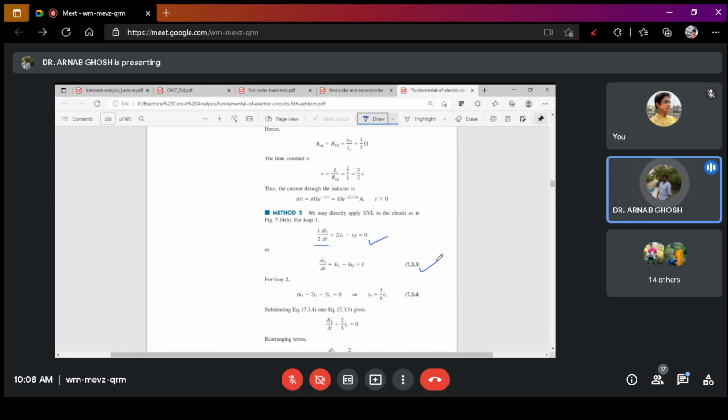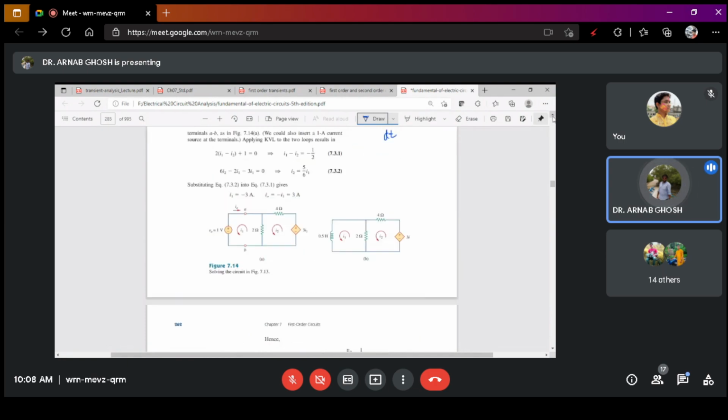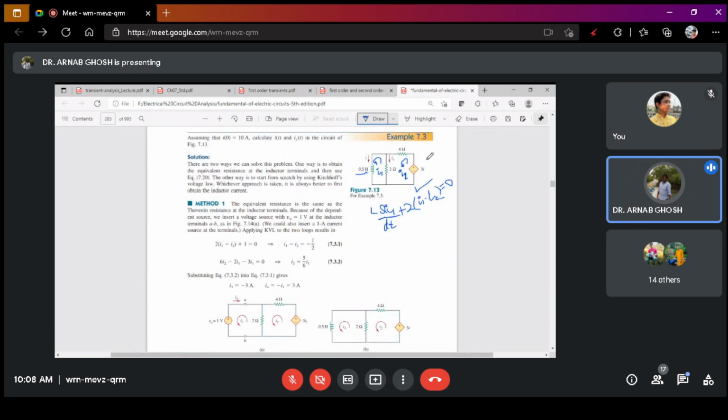Okay. Next. What will you have here for this loop? Please write the expression for this loop. I is actually nothing but I1. So this will become 3I1, because I1 is the current in this loop and I1 is flowing through this inductor.